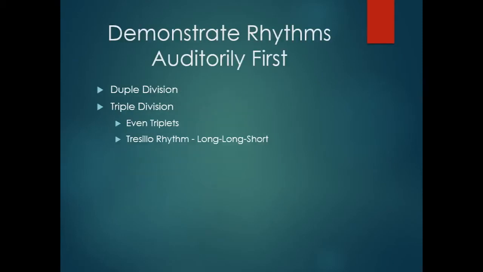So if we're looking at these rhythms from an auditory perspective, just to do a basic adjustment of Western music or any music, you usually have a pulse and you divide that pulse into duple meters or triple meters.